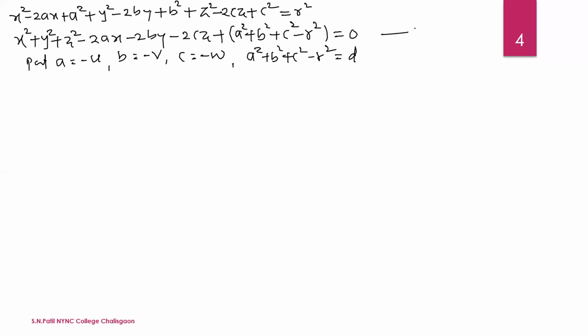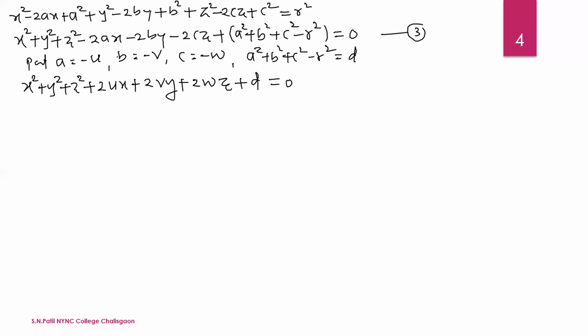Call this equation 3. Now put all these values in equation 3, then we get the general form: x square plus y square plus z square plus 2ux plus 2vy plus 2wz plus d is equal to 0.